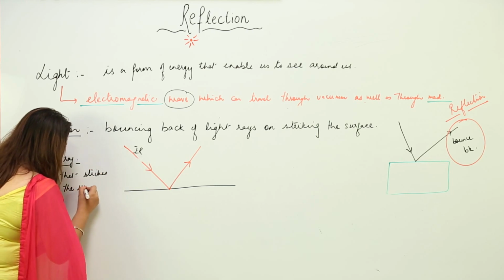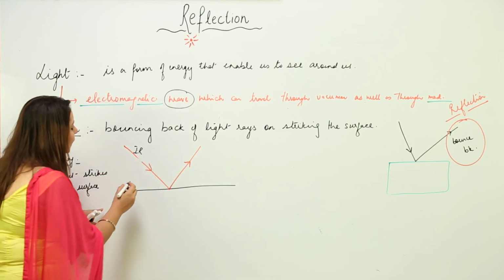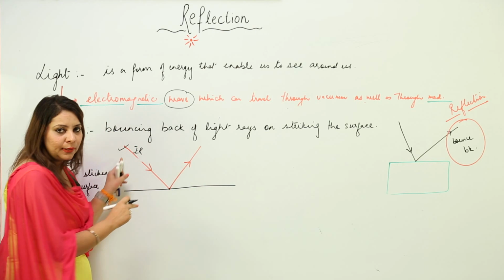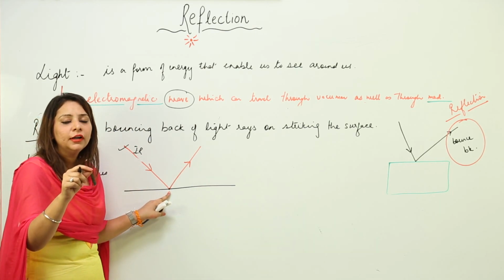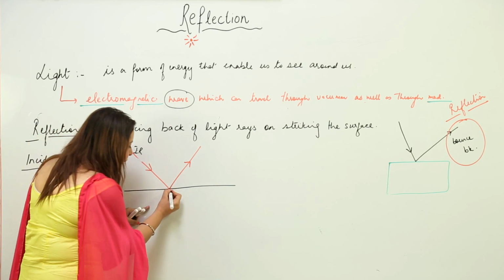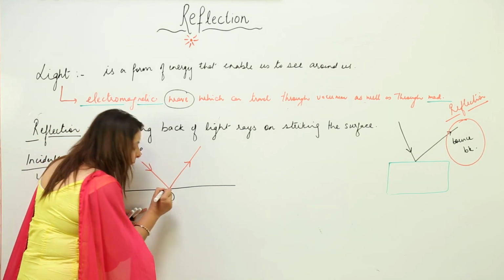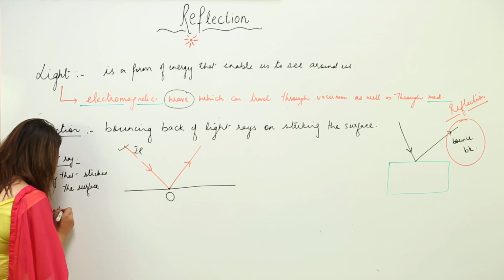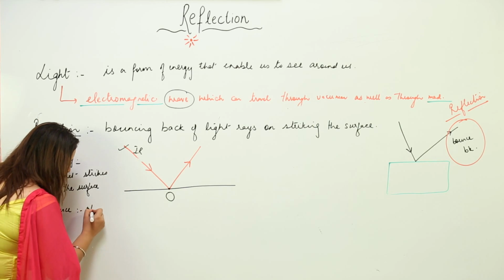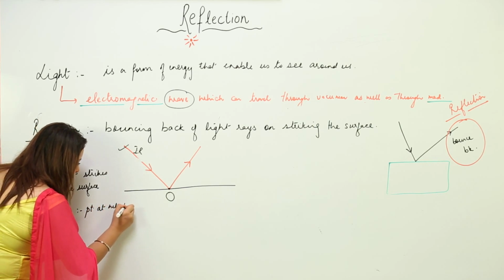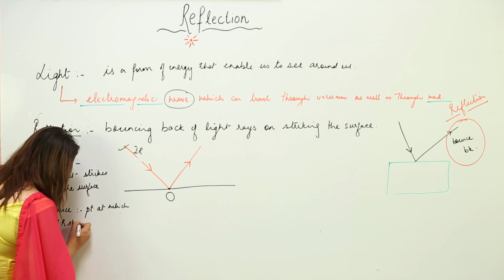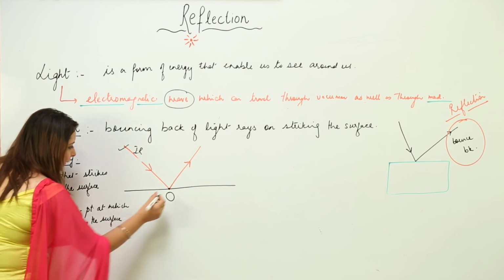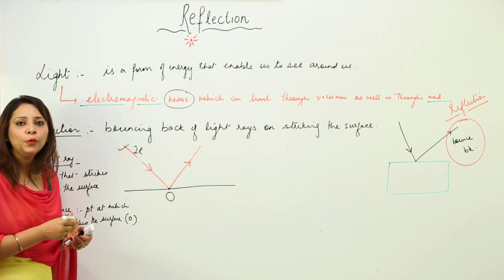The point where the incident ray meets the surface is called the point of incidence, and I am denoting it with O. It is the point at which the incident ray strikes the surface.